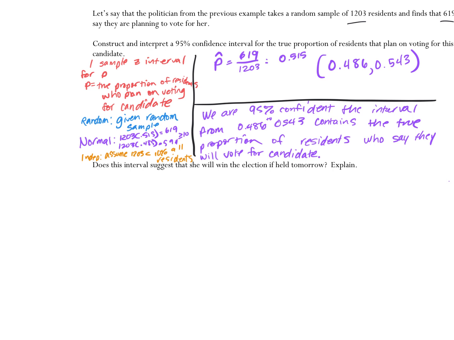And because part of the interval is above 50%, I can't say the candidate's going to lose either. Can I say the candidate is more likely to win than to lose? Yes. With 95% confidence, we cannot say that the candidate is more likely to lose or more likely to win. You guys, remember, let's go back to this picture real quick.